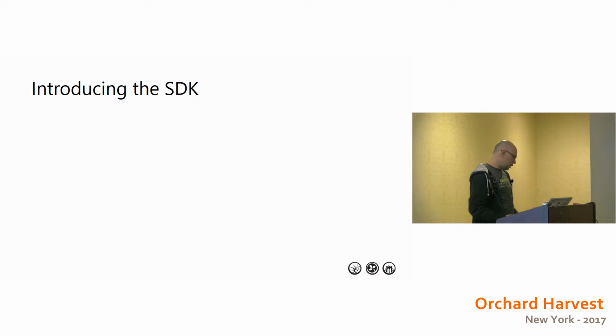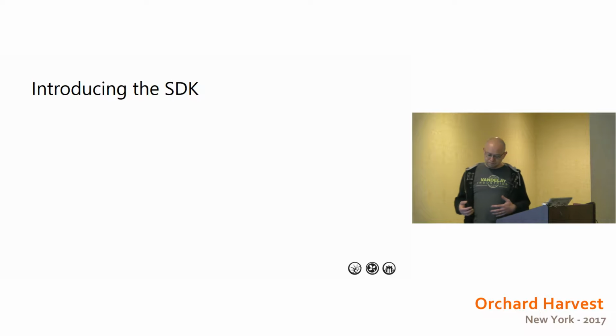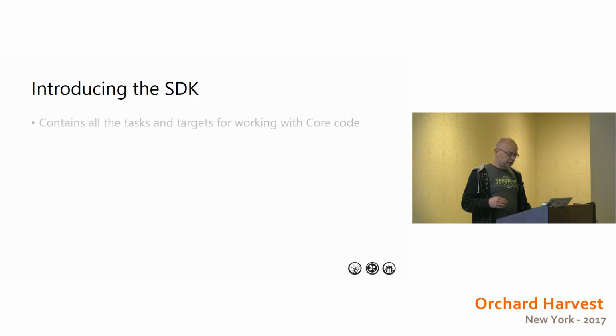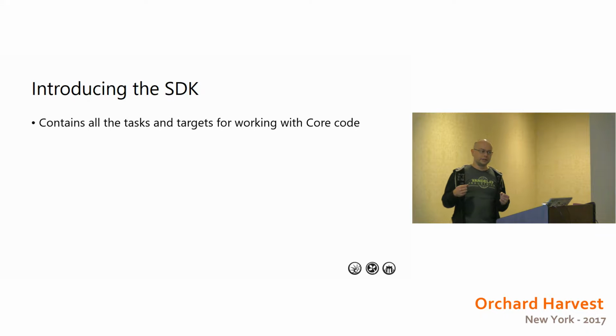Okay, so because of this new project system, the SDK for .NET comes with a few additional moving pieces. There is the notion of an SDK, which is in addition to the command line, that contains all the tasks and targets for MSBuild that we use to build your projects.